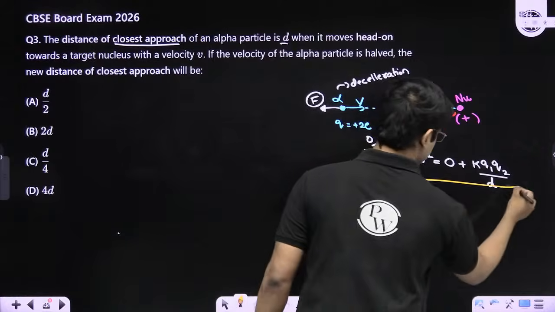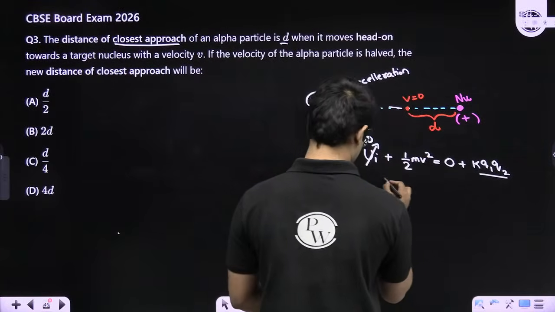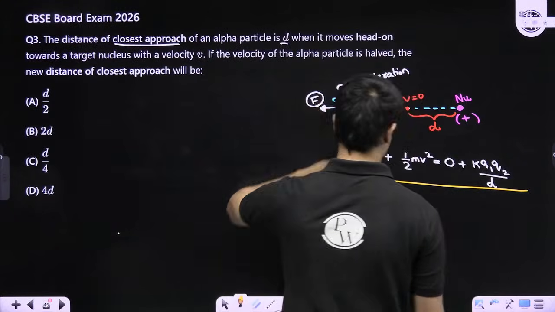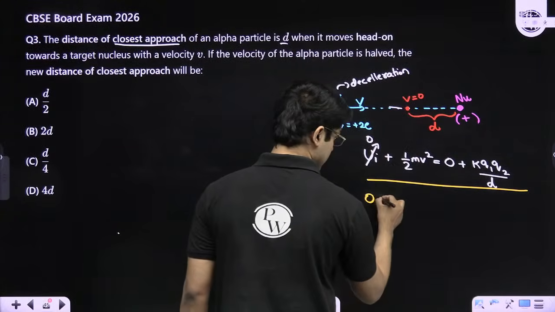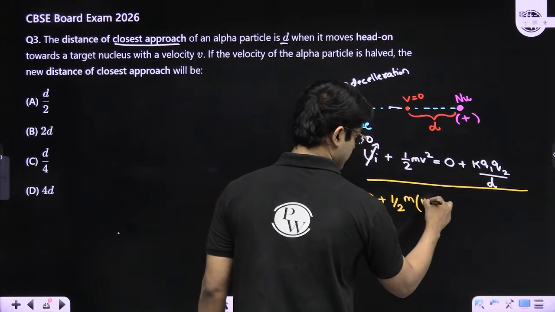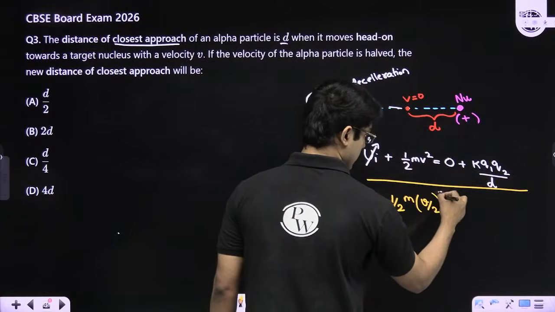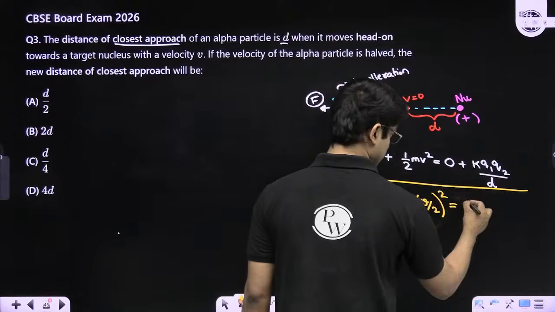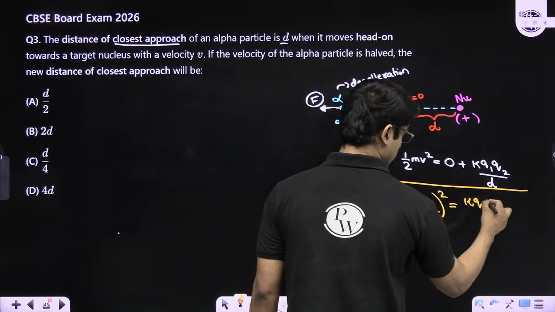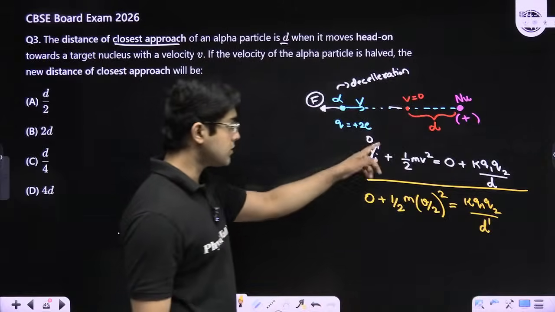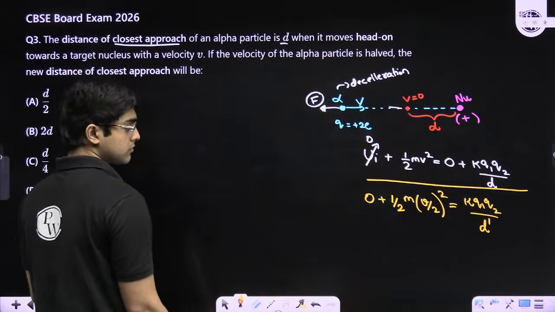In the second case, they are saying the velocity is halved. So initial potential energy is 0, but the new velocity is v by 2. Then they are asking what happens to the closest distance. Let's say the new closest distance is d dash. Now you just have to take their ratio.